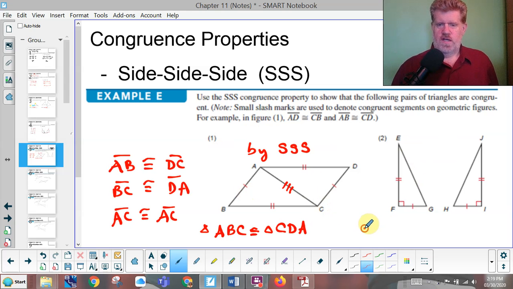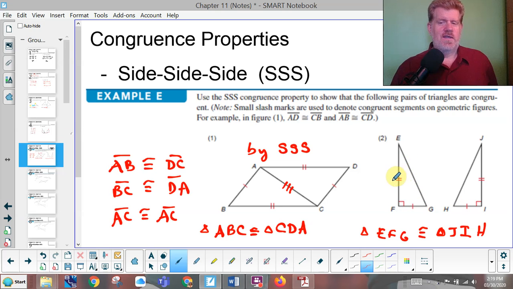Okay. What about this one? I don't have to write it all out, but can you show that EFG is congruent to, E would be congruent to J, F would be congruent to I, and G would be congruent to H? So you might be saying, well, I got a right angle in there. You've probably heard of a place called angle, side, angle, or I'm sorry, side, angle, side.